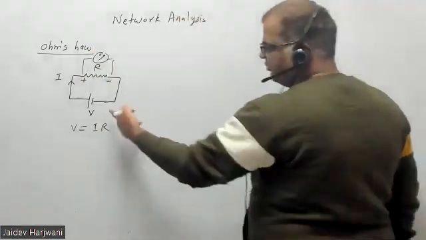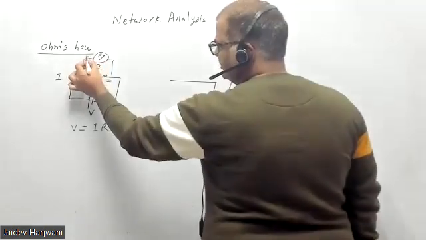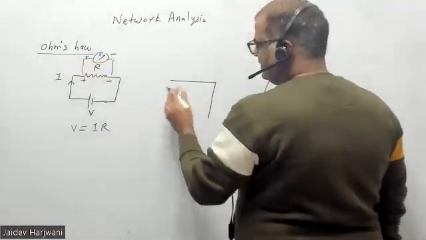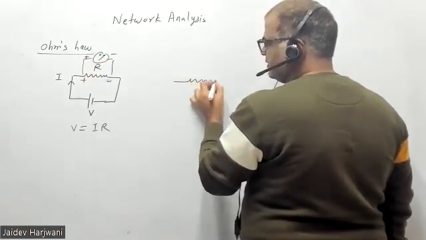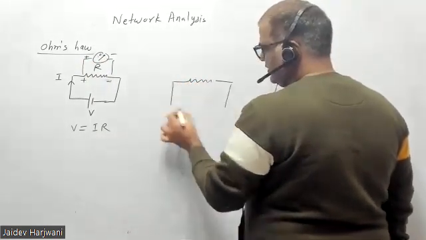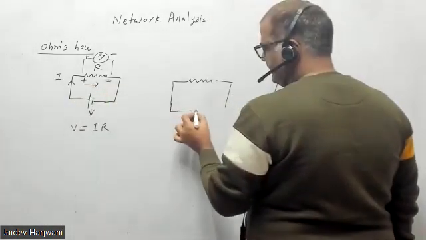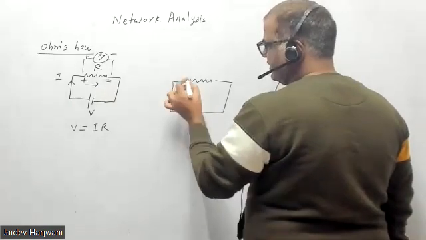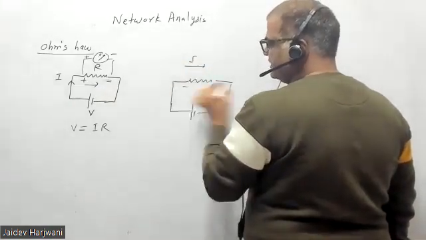Now same question. This is the voltmeter positive, voltmeter negative. Now in the same resistance, current is flowing in this direction. I am applying a voltmeter, the current is flowing like this, and I am measuring voltage like this.